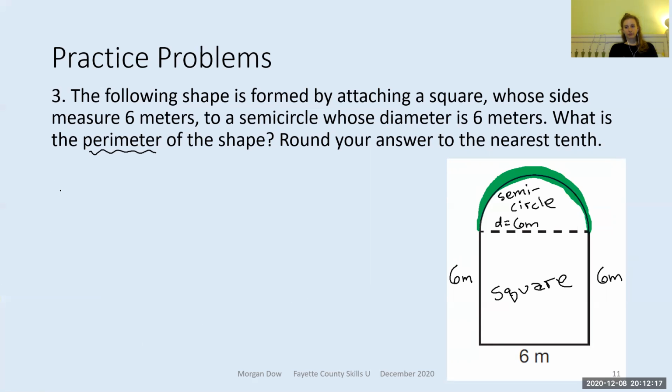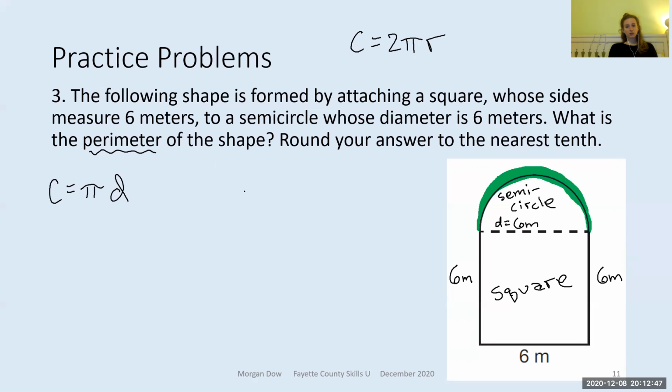Since it's a circle and we're trying to find out the length around the outside of the circle, we're going to start with the formula for circumference. Circumference is pi times the diameter. Now you also have a formula for circumference that says it's 2 times pi times the radius. But this first one that I wrote down is a little bit simpler, and it also uses the diameter, which we know. So let's use this one.